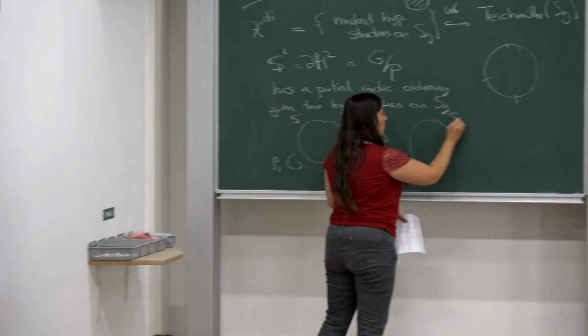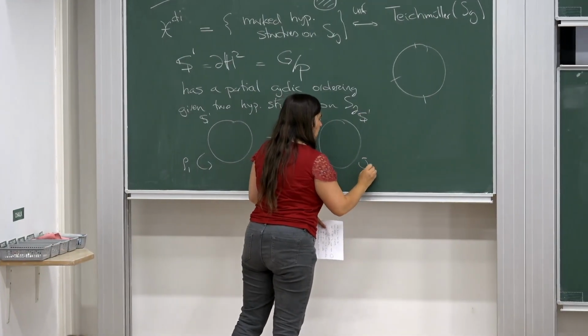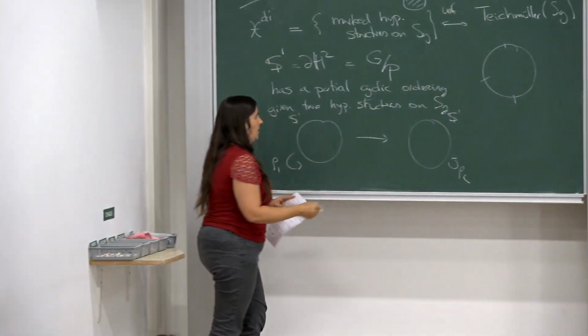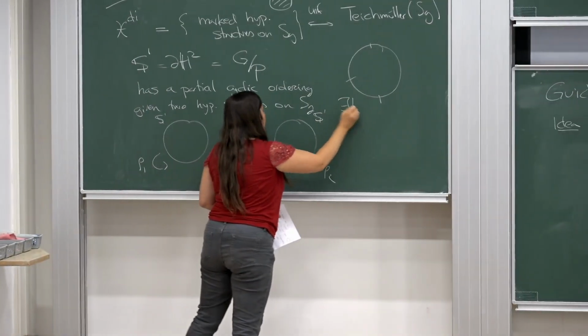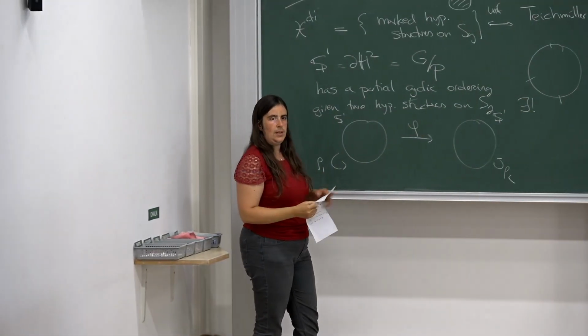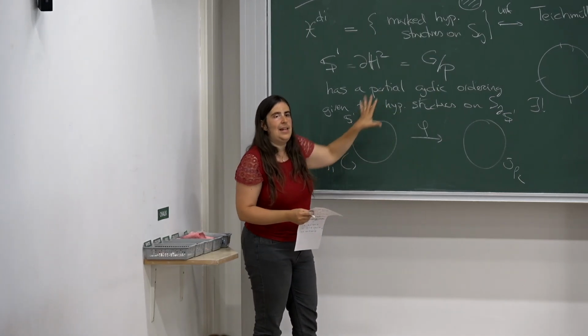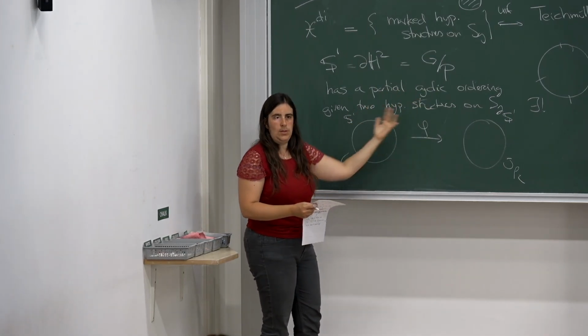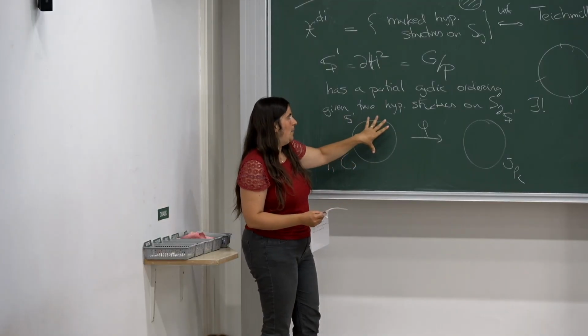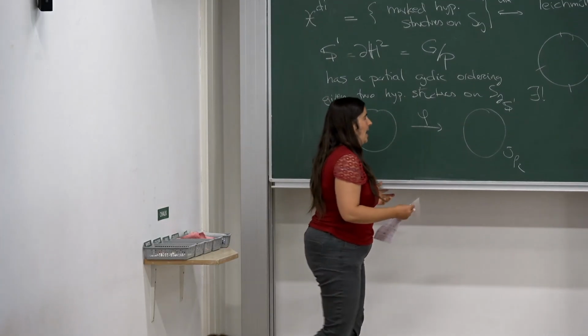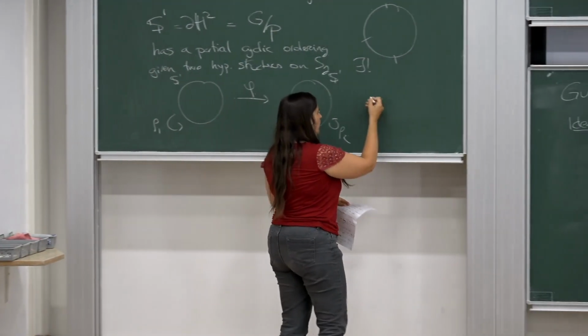And here I have the other circle on which I act through rho 2. And there exists a unique equivariant map phi between these two actions. This equivariant map, which extends any diffeomorphism between the two surfaces, is uniquely prescribed and has the property that it is monotone.